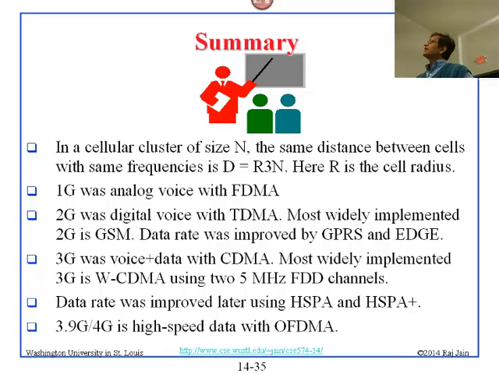So summary. Okay, summary. In a cellular cluster size of N, square root is missing here, but basically the same distance between the cells using the same frequency is D equal to R times square root of 3N.